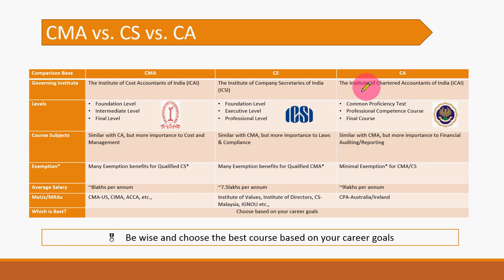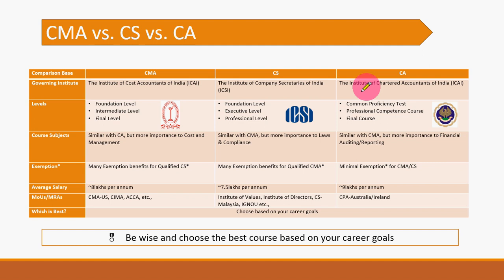All these numbers are for freshers. With the right set of skills and knowledge, a CMA can get around 8 lakhs per annum. If you are a company secretary, you will be getting 7.5 lakhs, and if you're qualified as a chartered accountant, you'll be getting around 9 lakhs per annum.